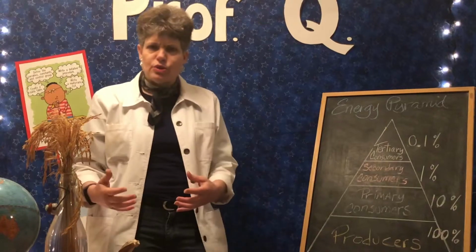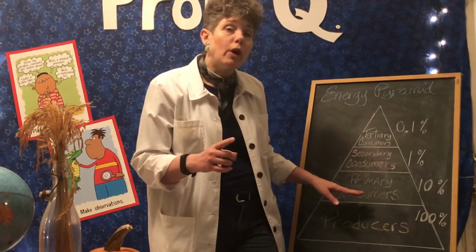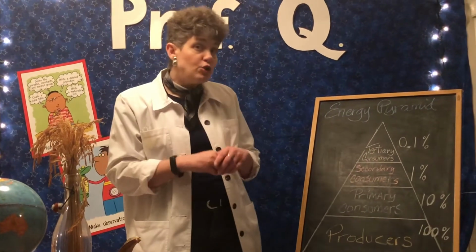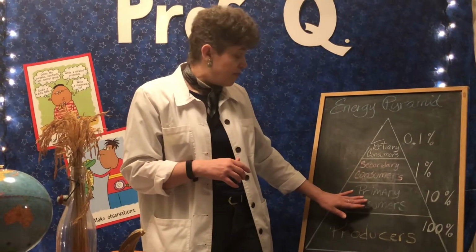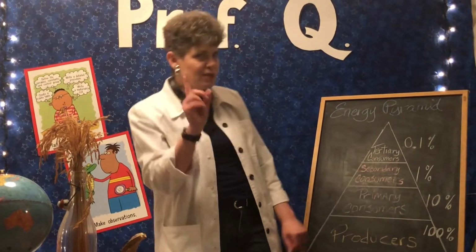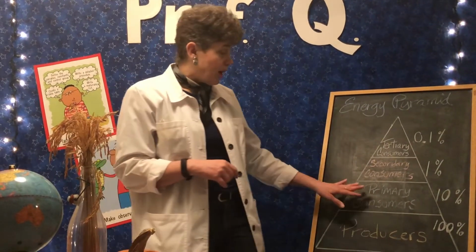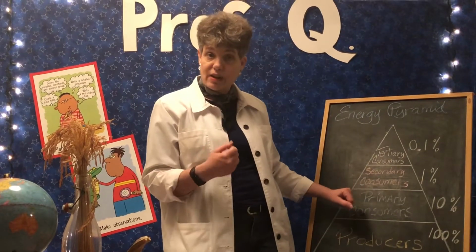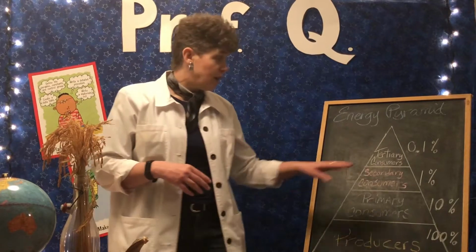Then after producers, what comes next is called the consumer. But we have at least three tiers of consumers. The first tier after producers is the primary, which means first, primary consumer. After the primary consumer, we have another step, which is a secondary consumer, which then is topped off with a tertiary consumer.